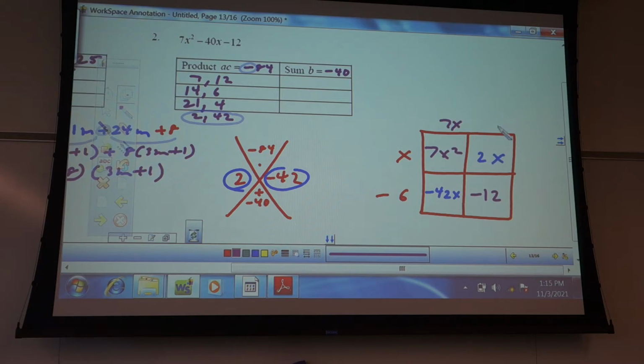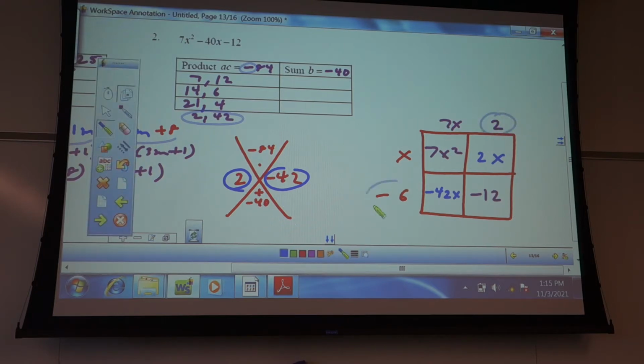And then what can I factor out of these two? Well, it could be a 2 or a negative 2, so I have to look at the sign here. What times x gives me 2x? Oh, 2. And then double check your signs, make sure that this one times that one gives you this one. So sign-wise, we're good. 2 times negative 6 gives you negative 12, so I know that this totally works, and I have the right answer.